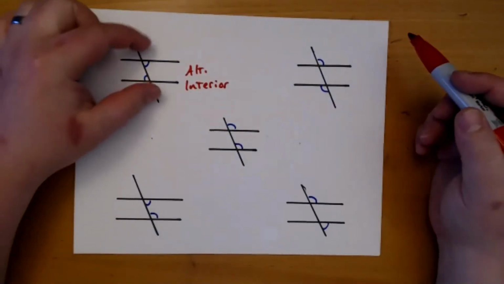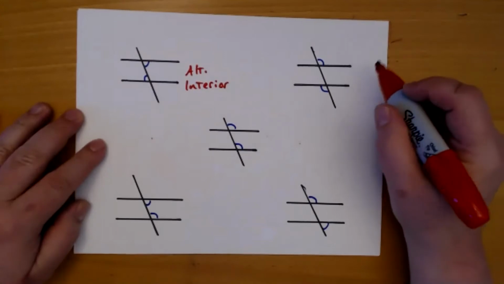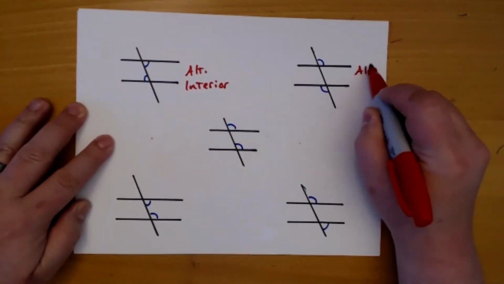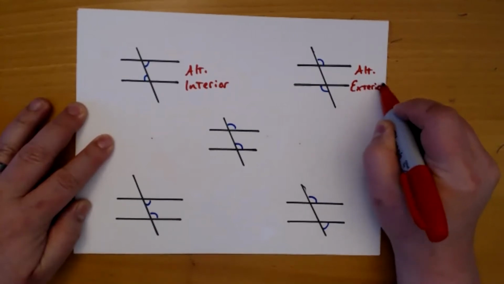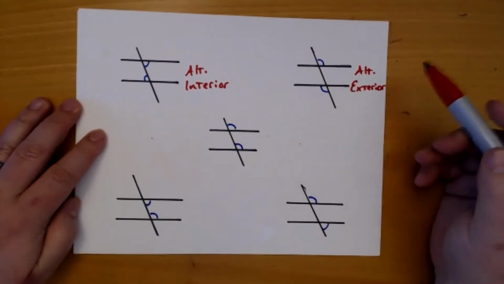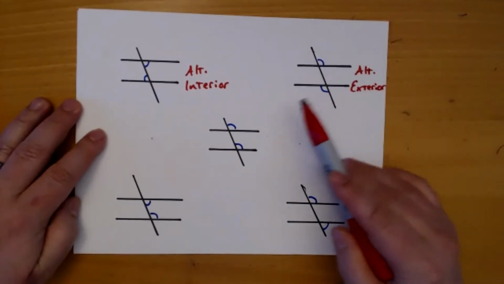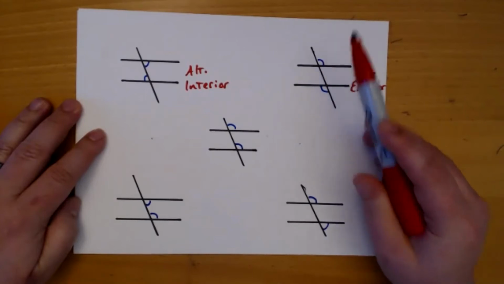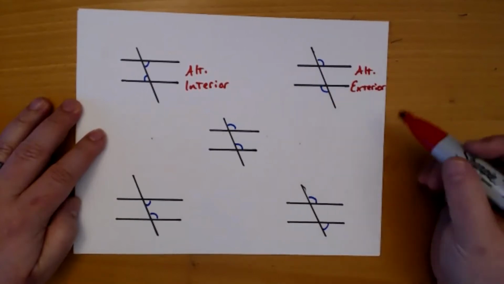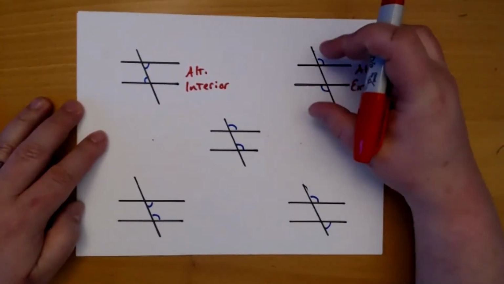You see that they're on the inside of the lines and they're on opposite sides. These are my alternate exterior angles, on different sides of the line. One's over here and one's over there, and they're both outside of the parallel lines. Or they don't even have to be parallel; they just have to be on the outside of the lines.